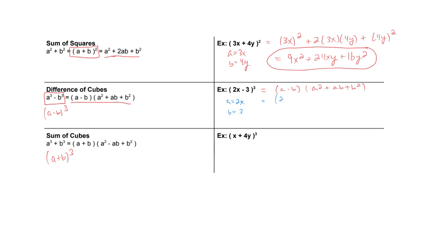So we get 2x minus 3 times 2x squared plus 2x times 3 plus 3 squared. Then we can clean it up. 2x minus 3 times 4x squared plus 6x plus 9. And there's our solution.